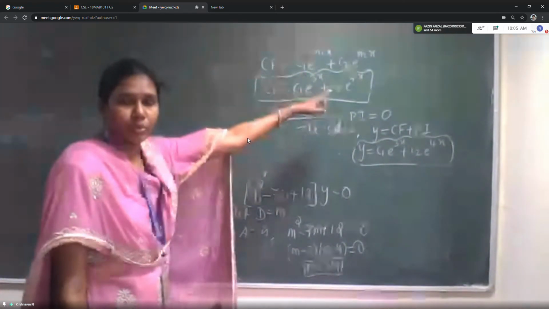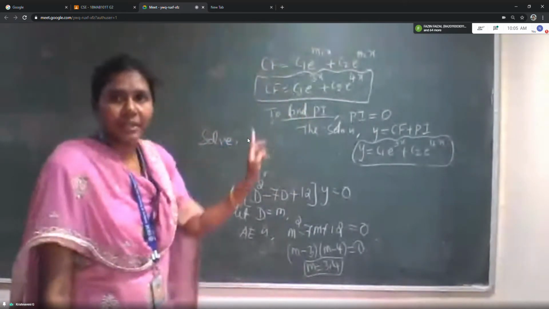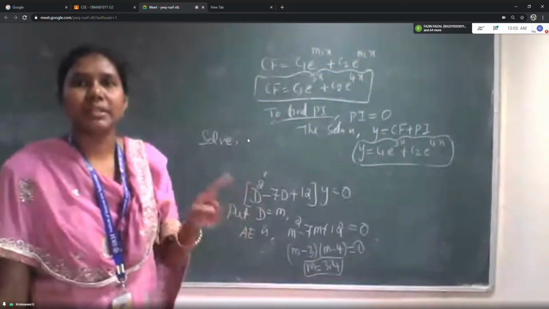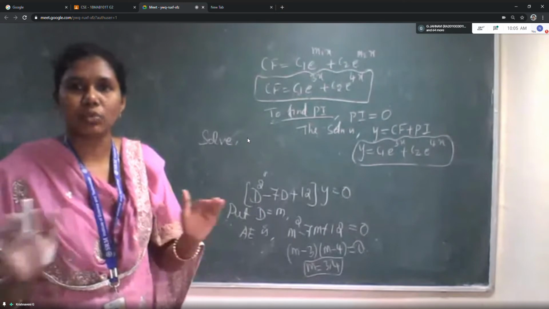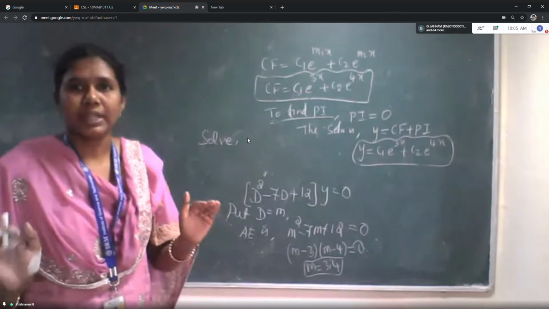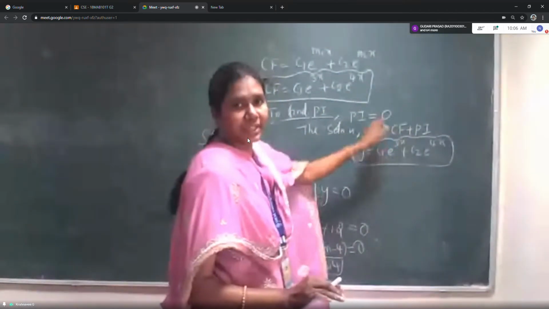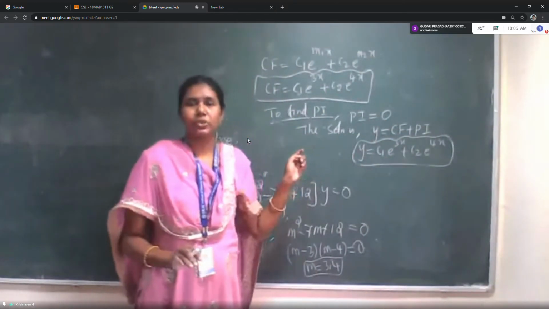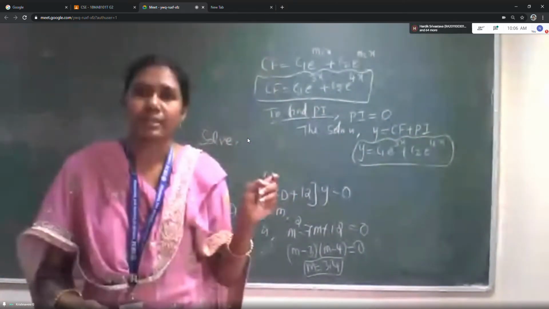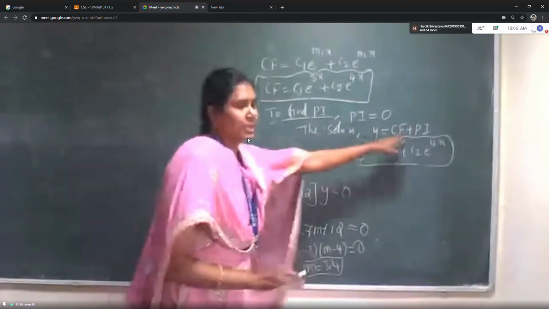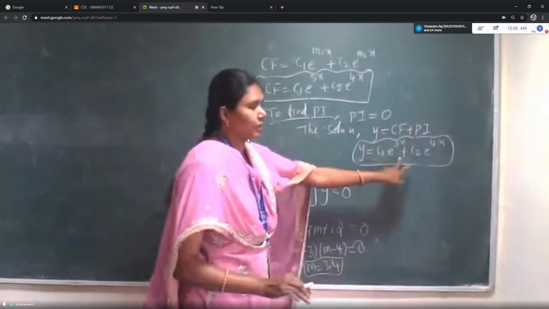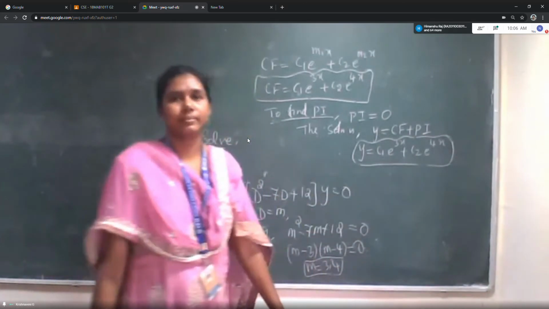Substitute here m1, m2 values, we got CF, and then find PI. In this problem, right hand side value is 0, which means there is no particular integral, that is PI equal to 0. Finally, we write the complete solution y equal to CF plus PI. PI is 0. Therefore, this is our final solution.